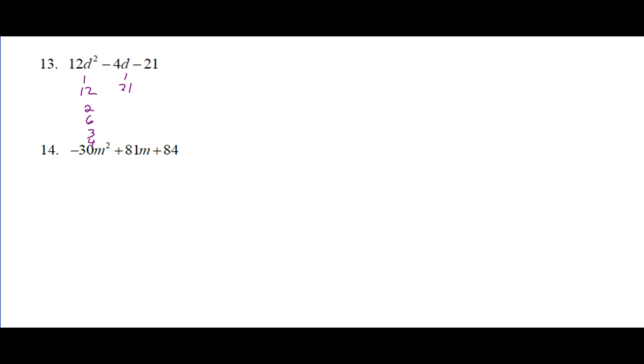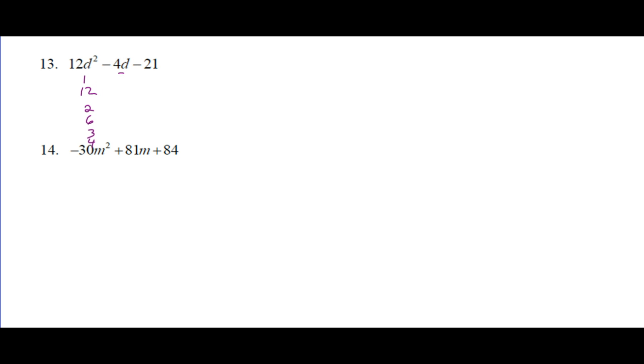So I can multiply across here. 12 times 21 is really, now keep in mind we want to get a 4, right? 12 times 21 is big and then 1. So I got a really big number that I can add 1 to or subtract 1 from, but that's not going to give me a 4. If I multiply this way, I've got 12 and 21. Well, 12 and 21 add to 33 or differ by 9, but I need a 4. So it's not going to be 1 and 12 with 1 and 21, right?